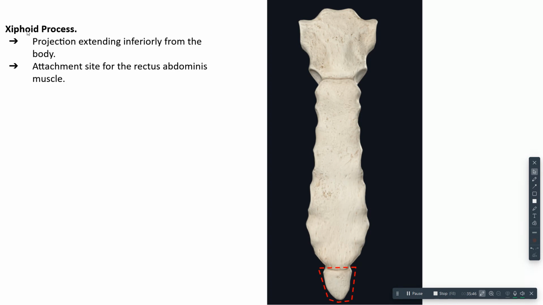Xiphoid means sword-like. And this process comes down. Your ab muscles, your rectus abdominis, so your abs, they are going to attach to that xiphoid process. And that, folks, is this lab chapter on vertebrae, ribs, and the sternum.